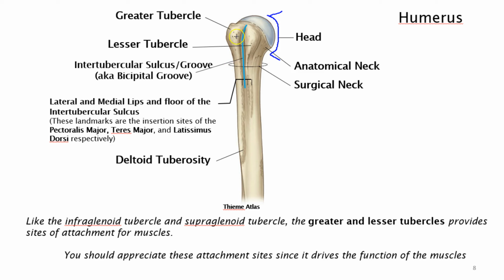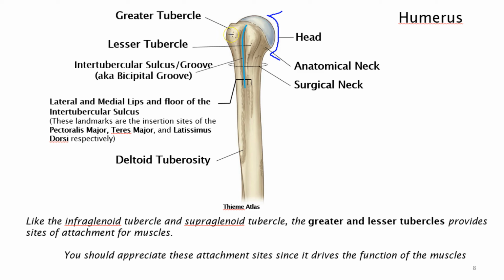There's a little ligament here called the transverse humeral ligament. Let's quickly draw that in here. So we'll call that the transverse humeral ligament that holds this biceps tendon in place as it's heading toward the supraglenoid tubercle.